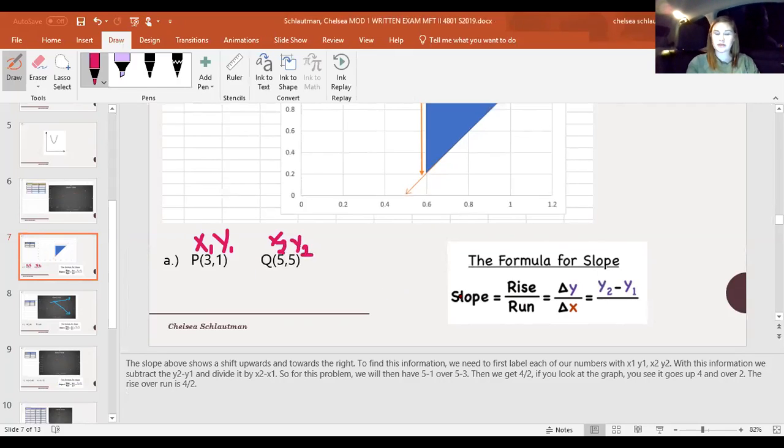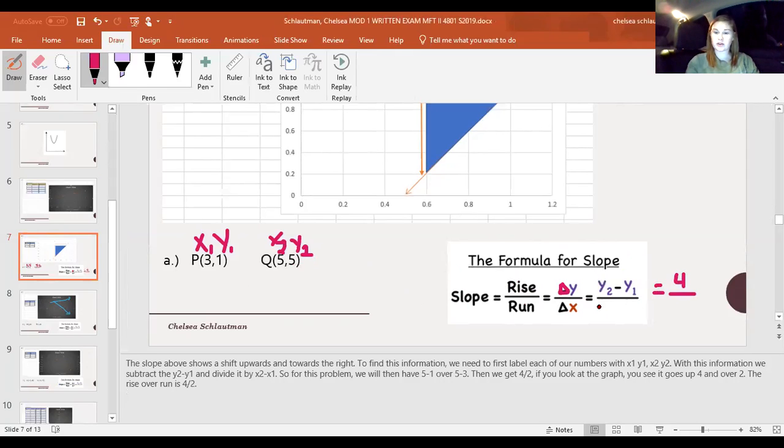Okay, so then what we're going to do is we're going to do the rise over the run. We're going to try to find the slope. So as you see here, we have the formula. We have a triangle Y, which is a change in Y over a change in X. So to find that change, we're going to take Y2, which is 5, and subtract Y1, which is 1. And that is going to give us 4.